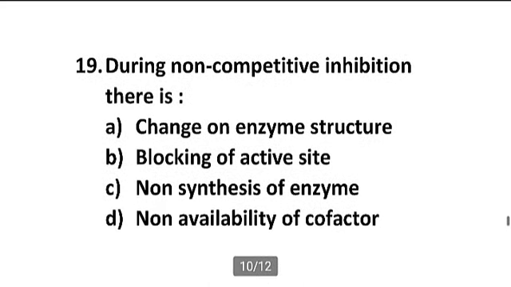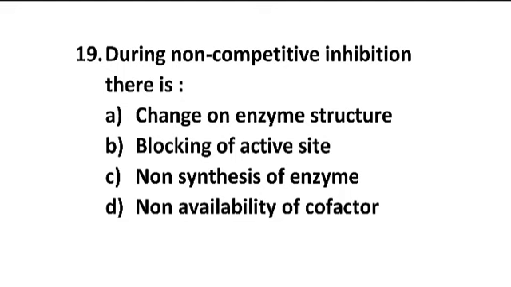Now moving to next question. Next question is during non-competitive inhibition there is, and the options given are A. change on enzyme structure, B. blocking of active site, C. non-synthesis of enzyme, D. non-availability of cofactor. So during non-competitive inhibition there is change on enzyme structure because non-competitive inhibition is restricted to allosteric enzyme.